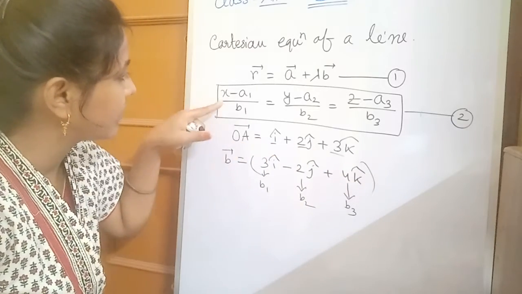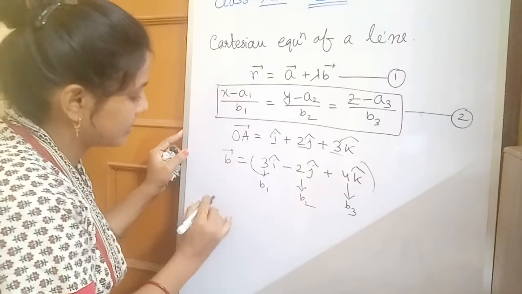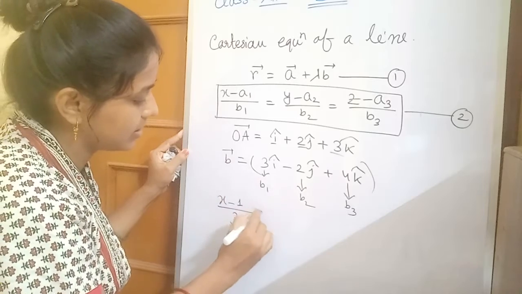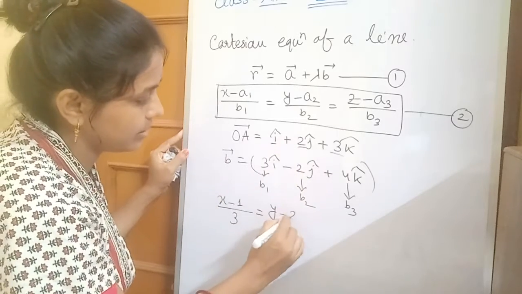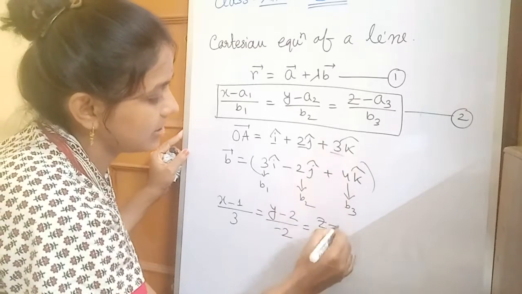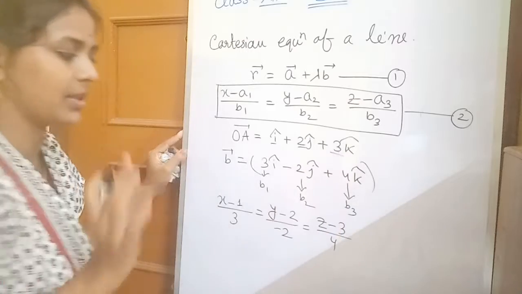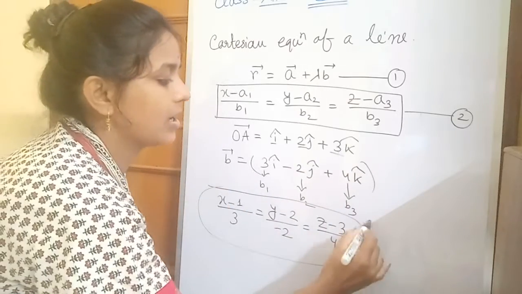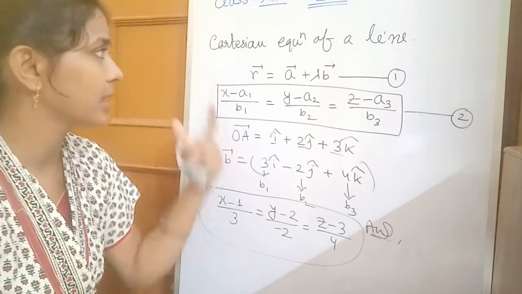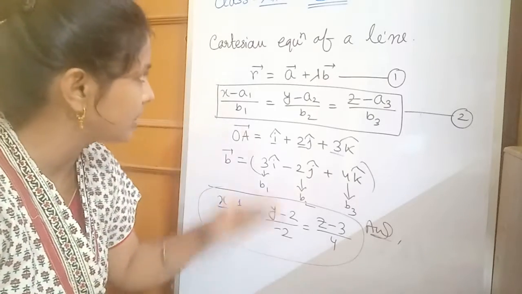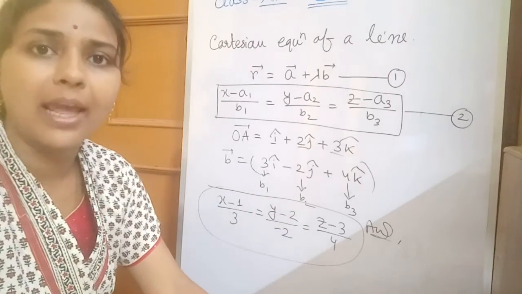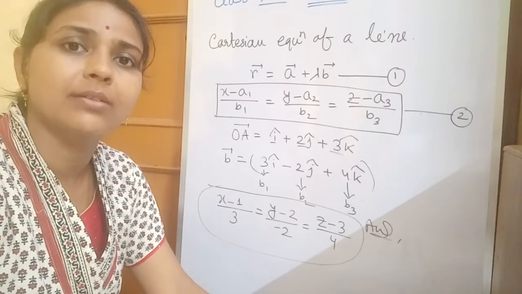So directly you can form the equation. The equation will be x minus 1 divided by 3, then y minus 2 divided by minus 2, then z minus 3 divided by 4, and this will be the answer. In this way we can find the vector equation and Cartesian equation of a line passing through a given point and parallel to a given vector.